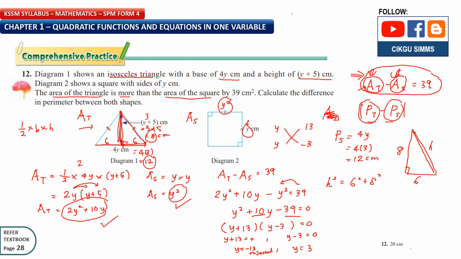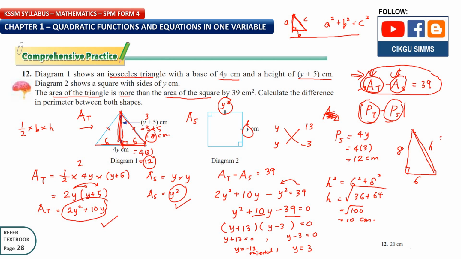So we have a formula for this right angle triangle. A, B, C, we have a formula which is A squared plus B squared equal to C squared. A is the length of this one, B is the length of this one, C is this length. So you can refer to this formula and I come up with this. So your H is actually 10 cm.